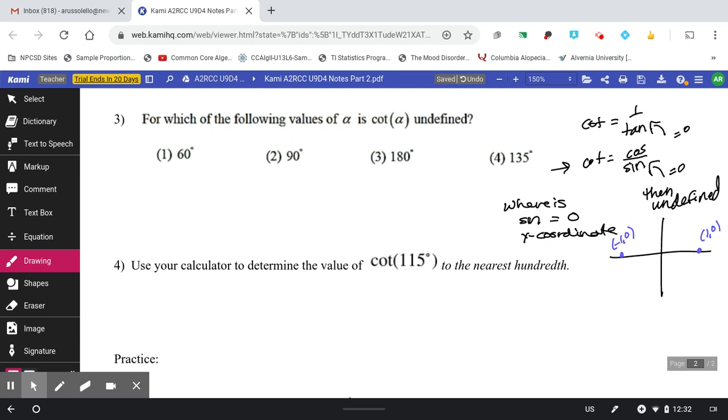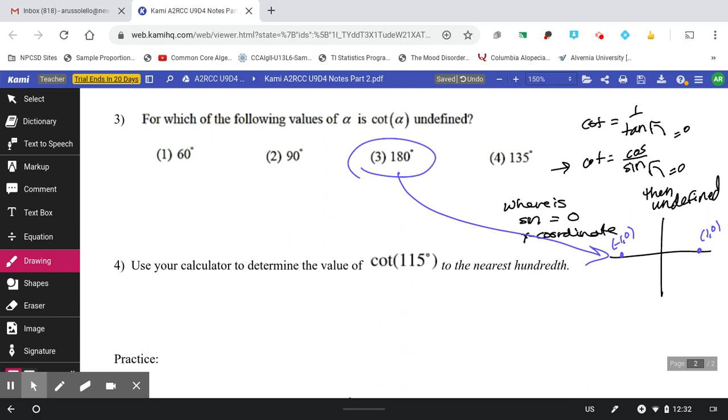So the sine is 0 in both of those instances. So 60 degrees is not a quadrantal angle at all. 90 degrees is not right, but at 180 degrees, the sine will be equal to 0, which will make that undefined.